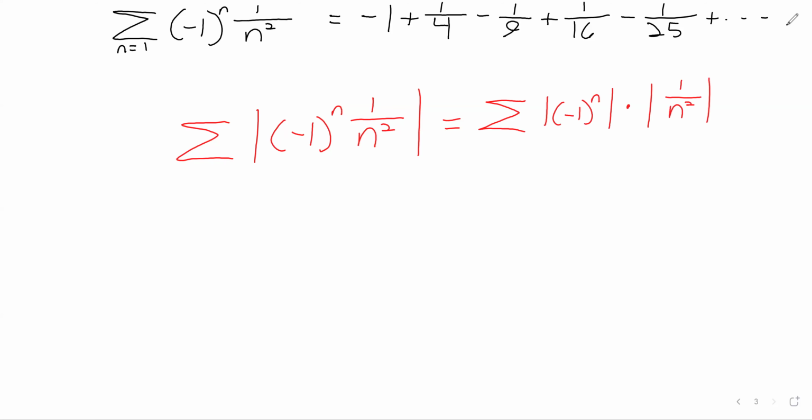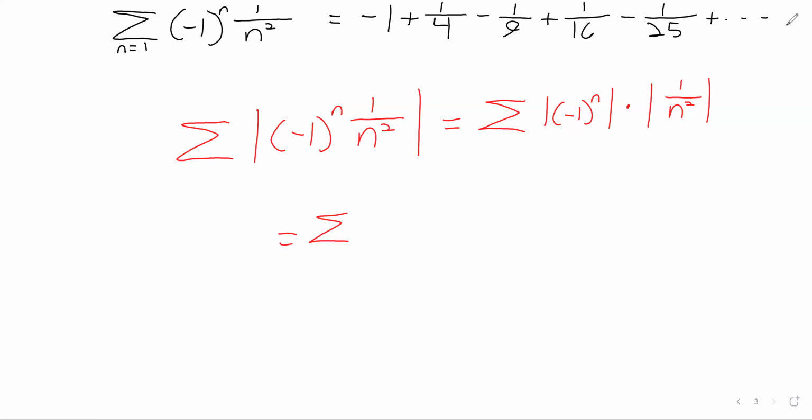So we can break it apart like that. And then what's the absolute value of negative 1 to the n? It's just 1. Because the absolute value of 1 is 1, the absolute value of negative 1 is also 1.